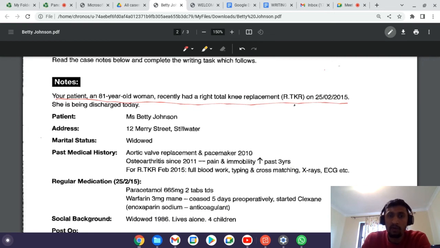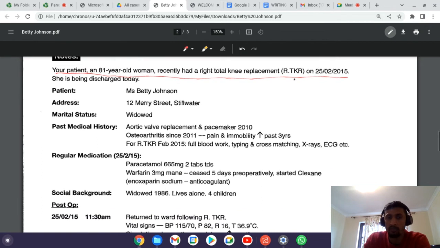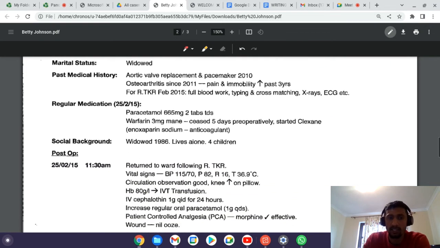Past medical history: aortic valve replacement and pacemaker 2010, osteoarthritis since 2011, pain and immobility increased over the past 3 years, right total knee replacement February 2015, full blood work, typing and cross-matching done, X-rays, ECGs, etc. Regular medications on that particular date: paracetamol, warfarin, and enoxaparin. Social background is given, and postoperative details are given.